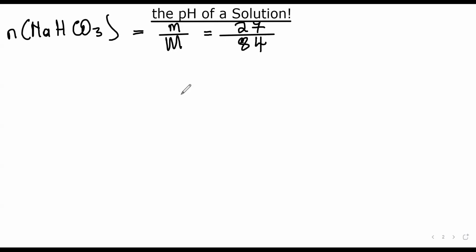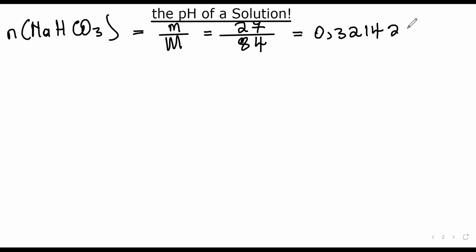And if we now go to our calculator and find the ratio between 27 and 84, well, we simply get 0.3214. Well, I'm just going to write all of it anyway, because it's not the final answer.